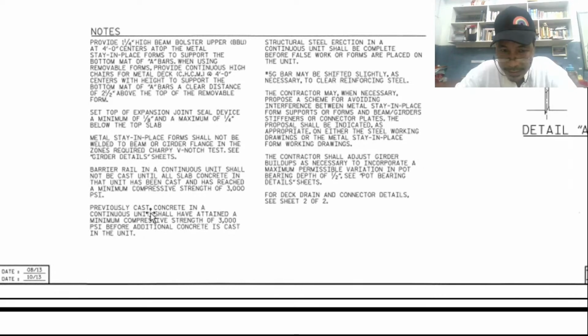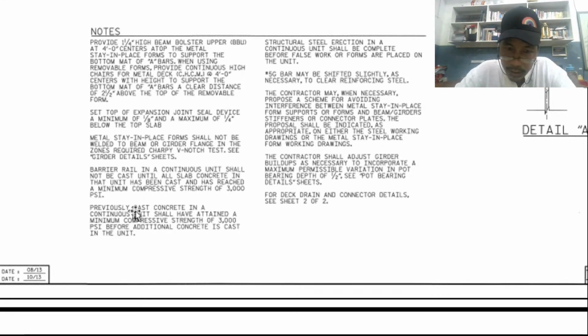Next, previously cast concrete in a continuous unit shall have attained a minimum compressive strength of 3,000 psi before additional concrete is cast in the unit. Take note. When we are pouring concrete, it's better to pour at once, at the same time.